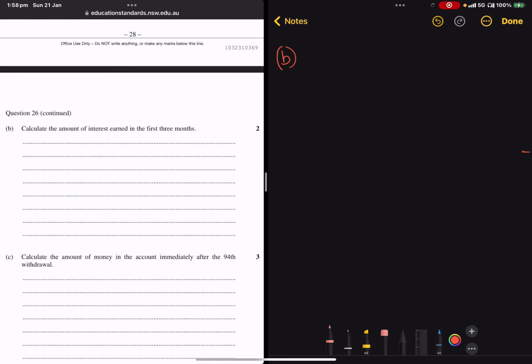Calculate the amount of interest earned in the first 3 months. Well, the balance at the end of the 3rd month is $58,492.49. And $2,400 has been withdrawn from the account in terms of the 3 $800 withdrawals.